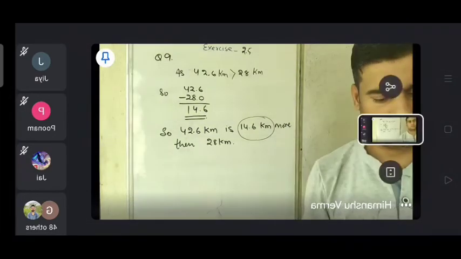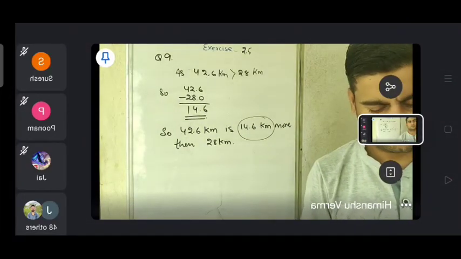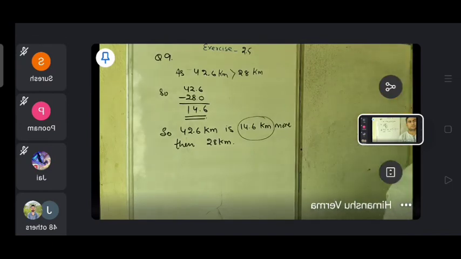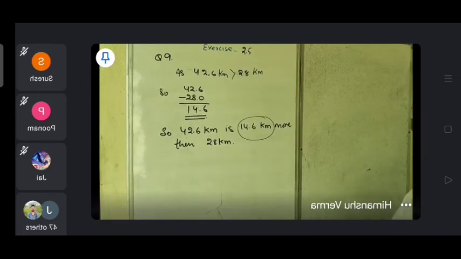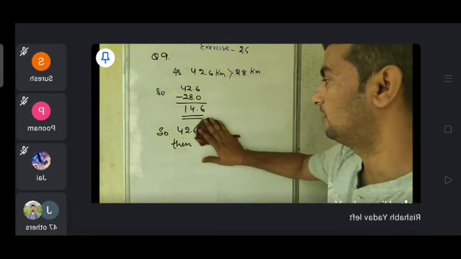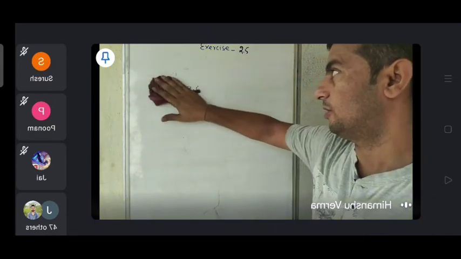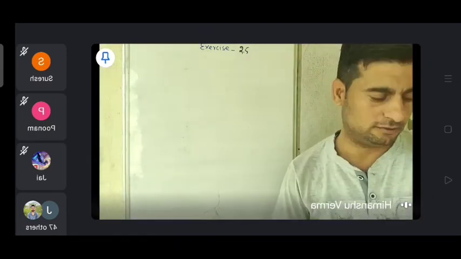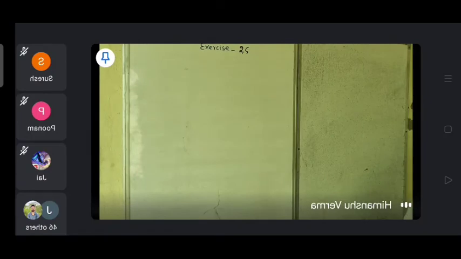Now just look at this. Just one more thing to be remembered in the case of exercise 2.5, your decimal values. You always remember that one chart, which is given in your book also.